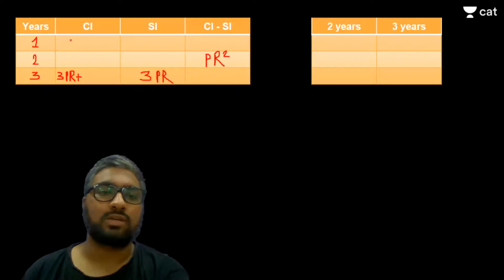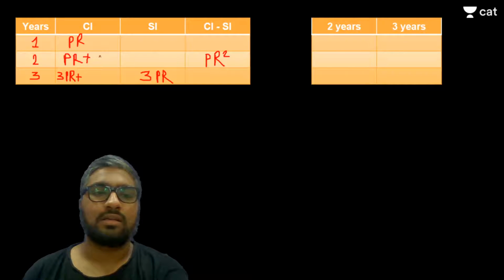We would have P times R plus P times R square.